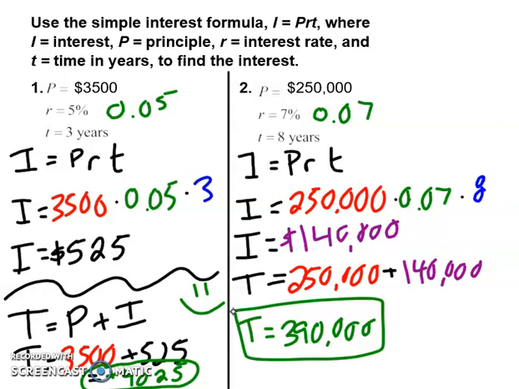They earned $140,000 by doing nothing, by just putting it off to the side and saying, hey, just let it build, right? Which is great. That's simple interest.